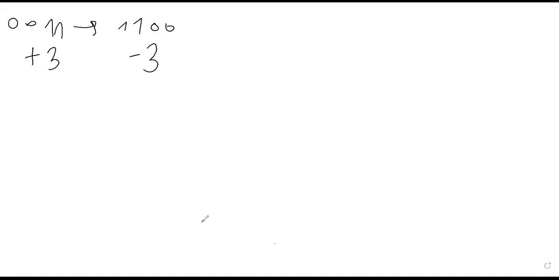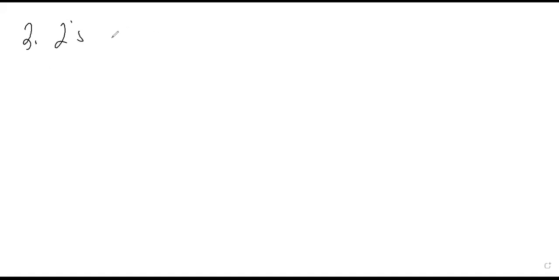We also have the third representation, which is the twos complement. For the same binary number, if you want to find its negative, there are 3 different representations with 3 different binary numbers.